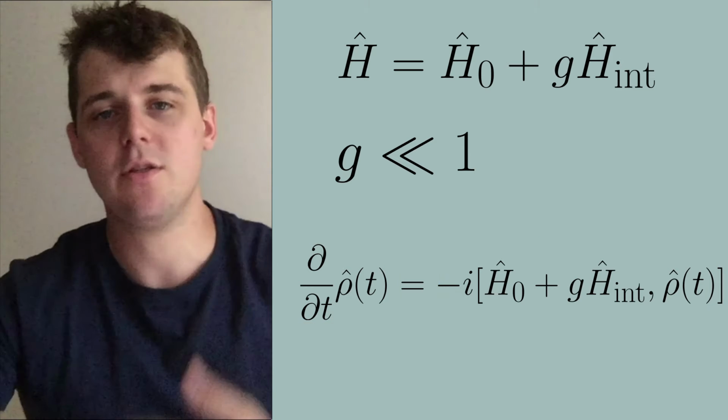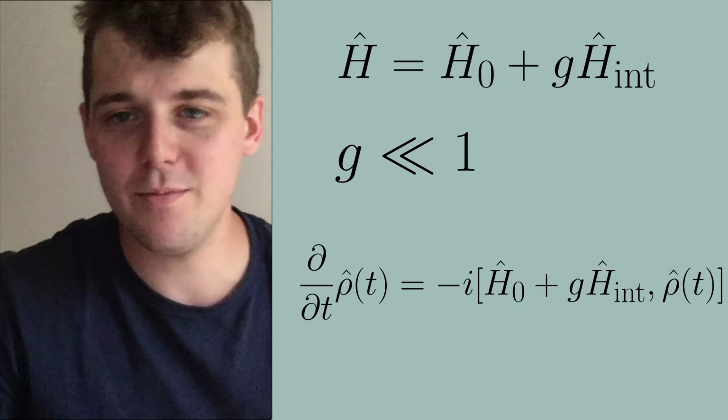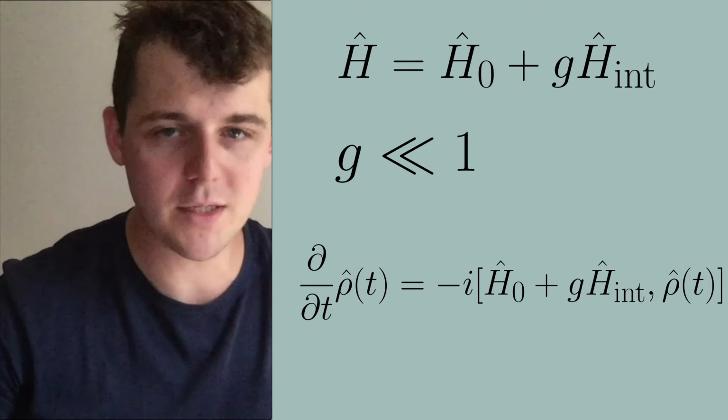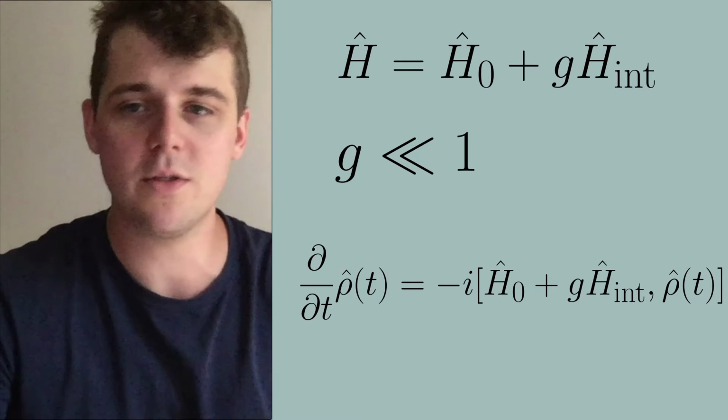And this is essentially the Schrodinger equation, but written in terms of a density matrix, which potentially describes mixed states as opposed to pure states, which is what a Schrodinger equation describes.